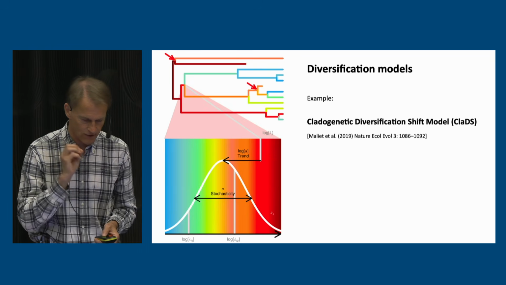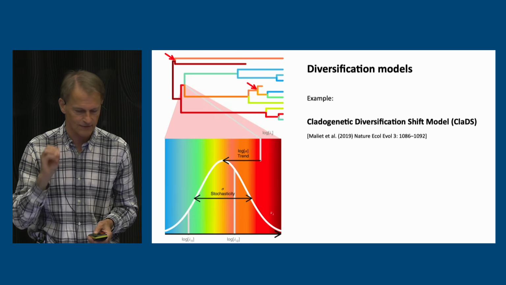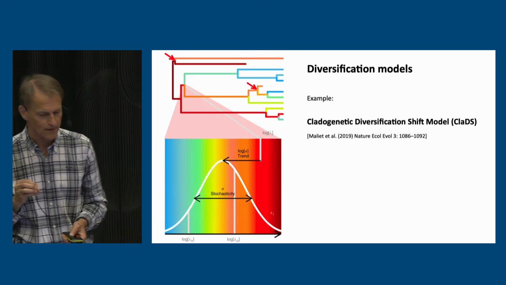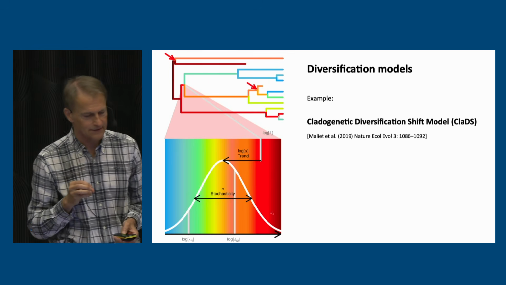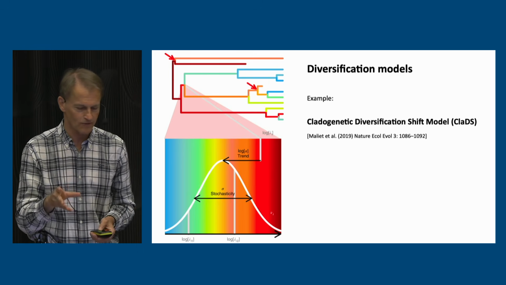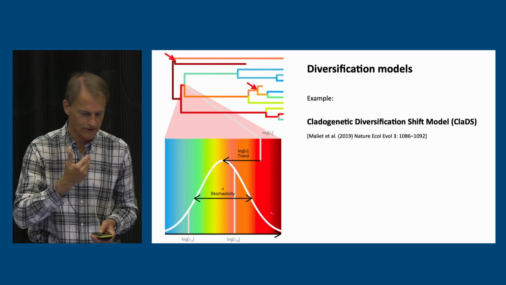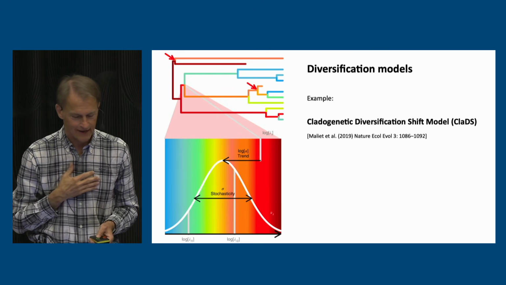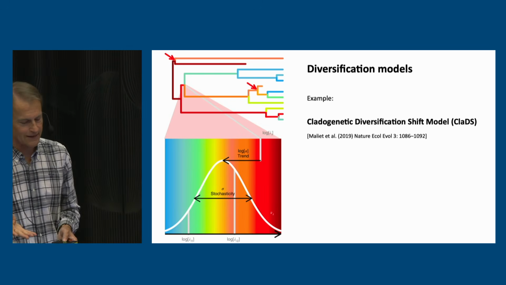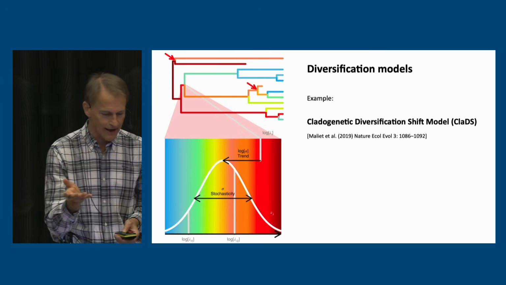So one of the models we've looked at is the cladogenetic diversification shift model, CLaDS. It was presented in 2019, and this is a typical story of a model like this. A good paper in a good journal, and there's some software that implements that model. Then it doesn't get maintained.